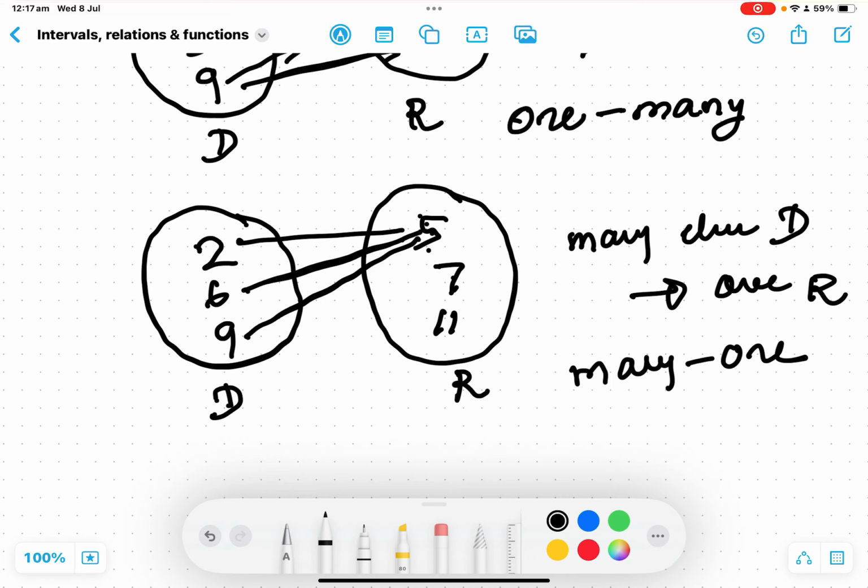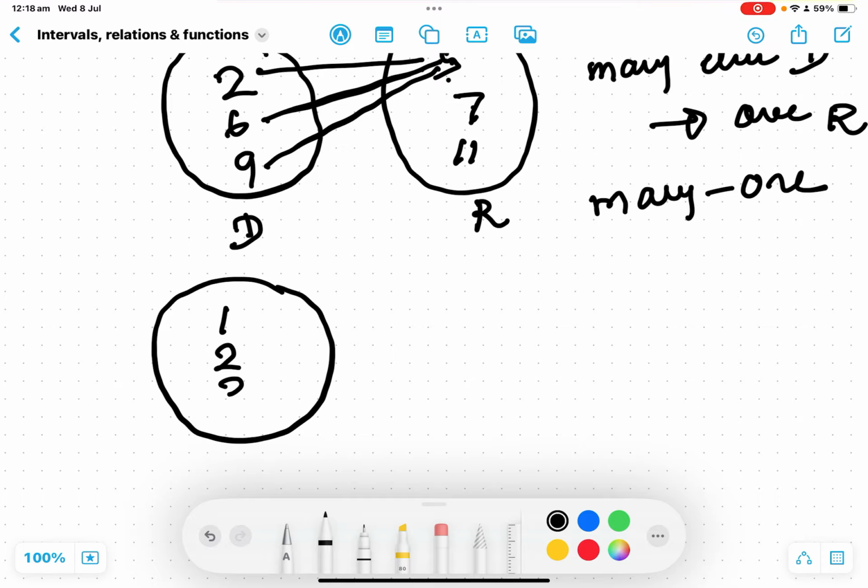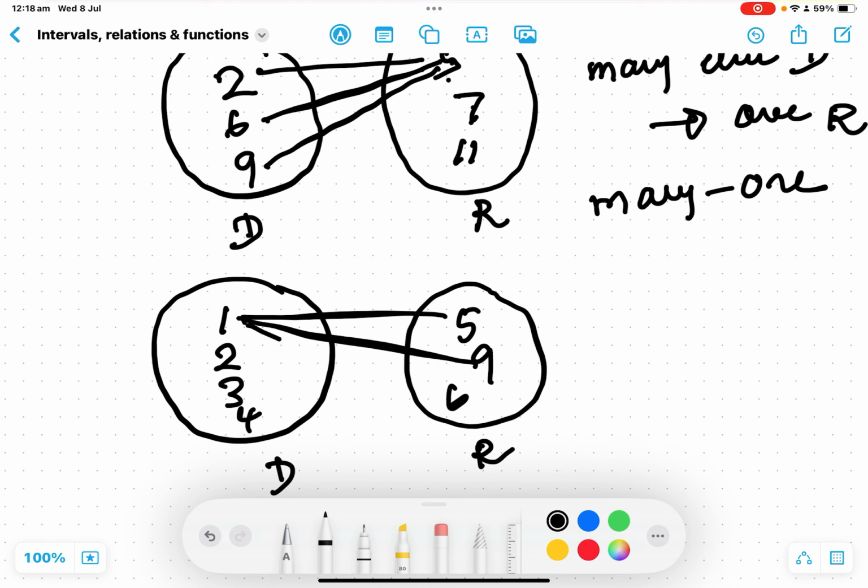The other relation that can be found is a combination of many to one and one to many. So 1 can go to 5, 1 can go to 9, 1 can go to 6, 1 to many.